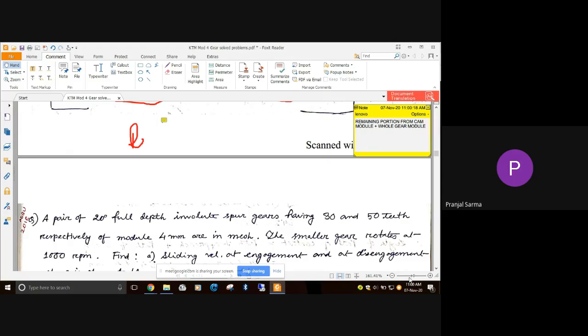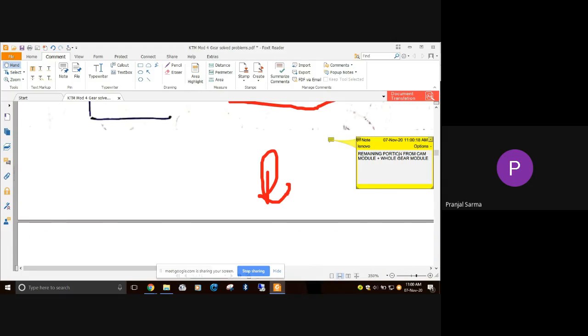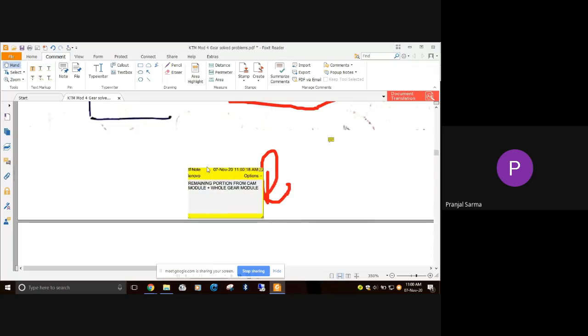Is it visible? Whatever I have written. Yes, is it visible? Remaining portion from the CAM module, considering all those CAM design and all, and whole of this particular module, whatever we have considered.